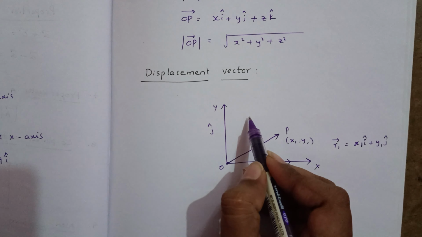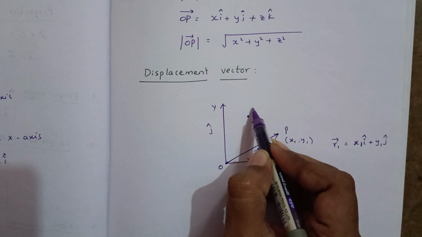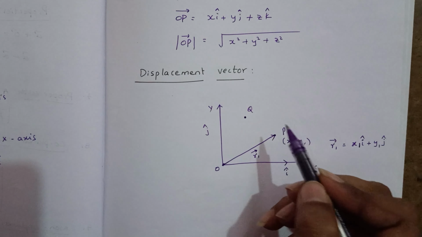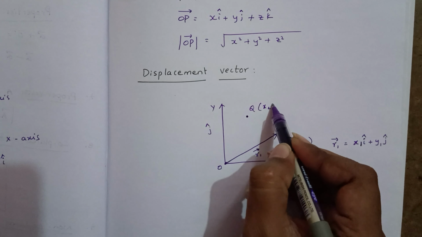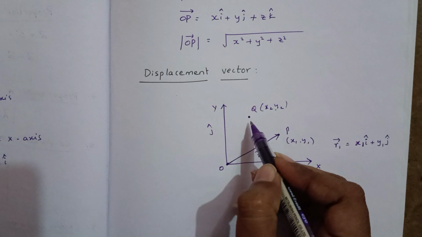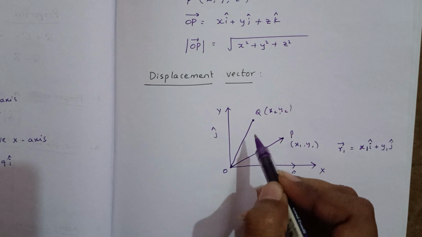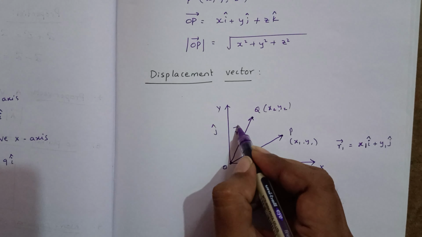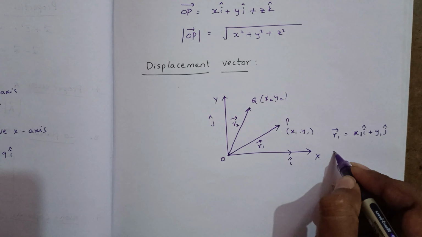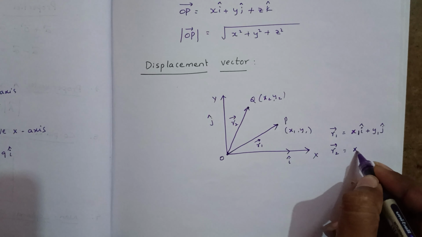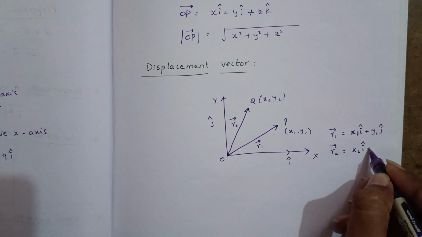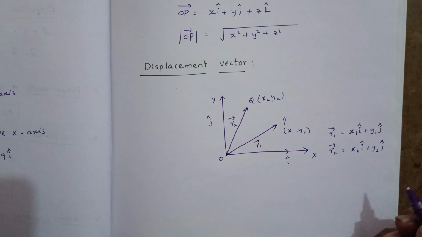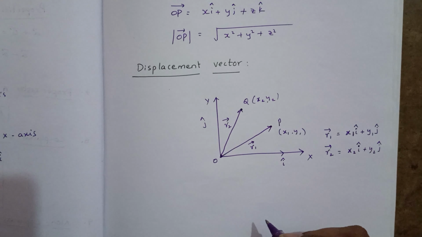Now another point Q has coordinates x2, y2. Its position with respect to origin is r2, so r2 bar equals x2 i cap plus y2 j cap. These two are position vectors.